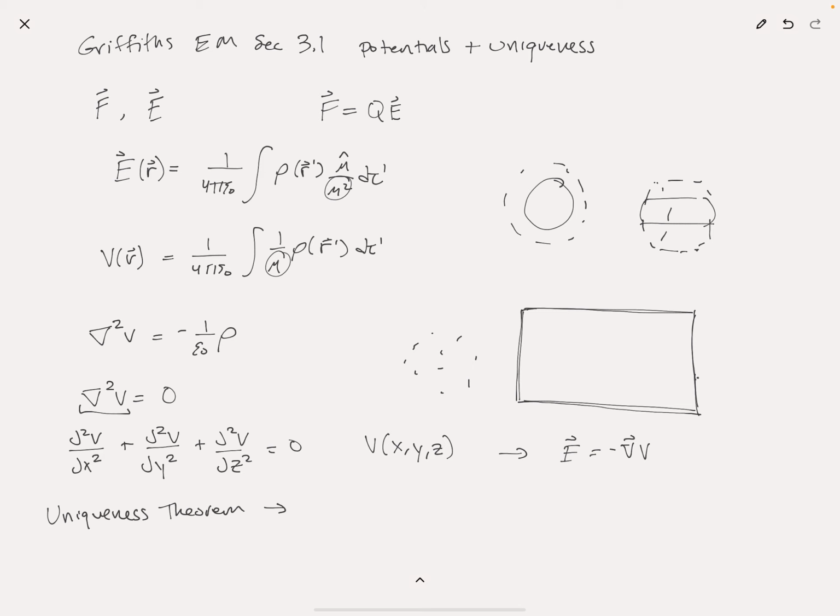The first uniqueness theorem says that if I know the potential at all of the boundaries of my container, I then know the potential everywhere inside the volume. Okay, that's why you might have solved problems like this before, where you have all these boundary conditions that you apply, and that gives you the full solution.